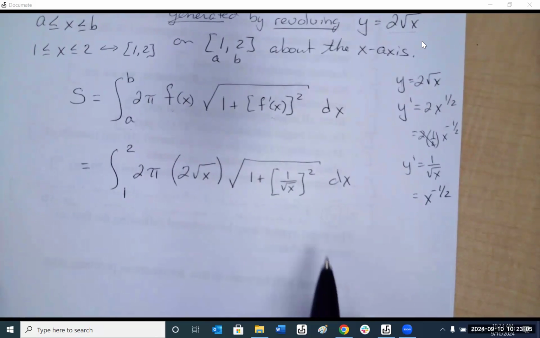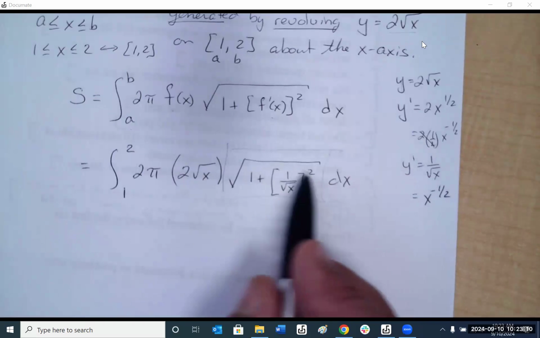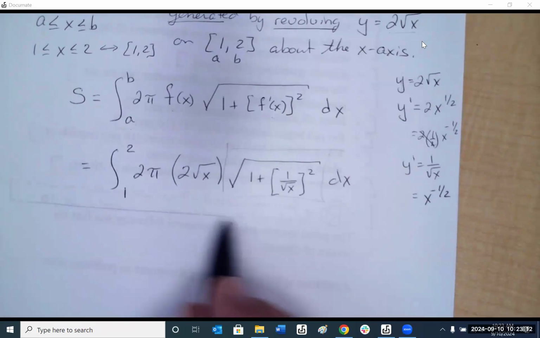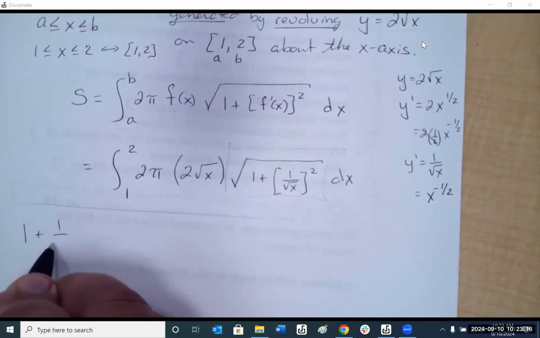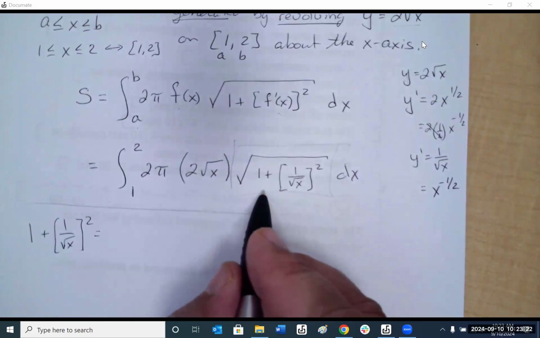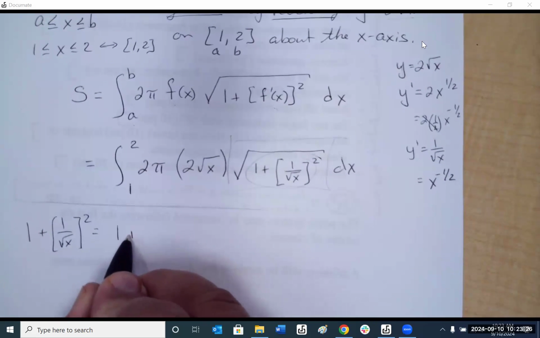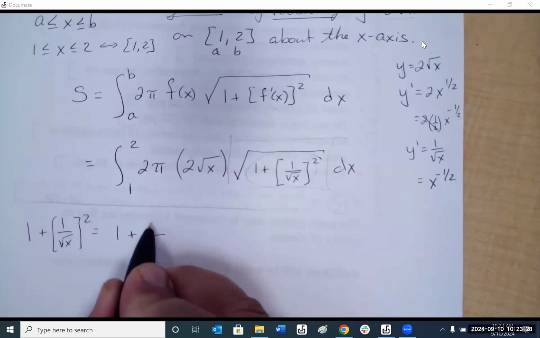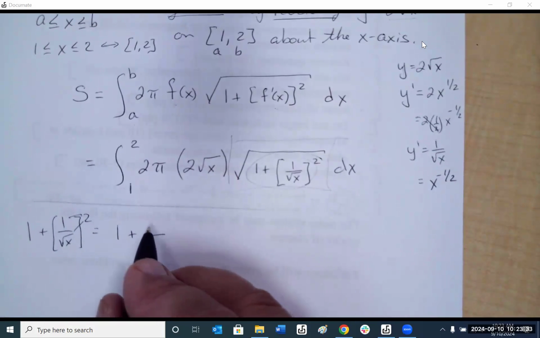Remember what we did last time? We have to build from the inside. So 1 plus 1 over square root of x, squared. We're going to do this one first, inside here. Distribute. We get 1 squared is 1.